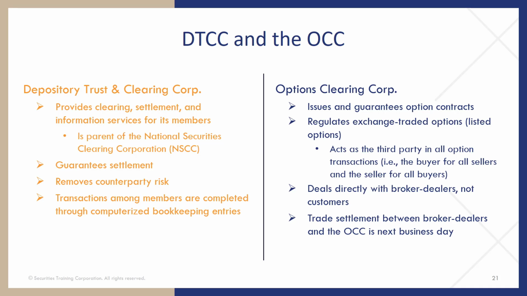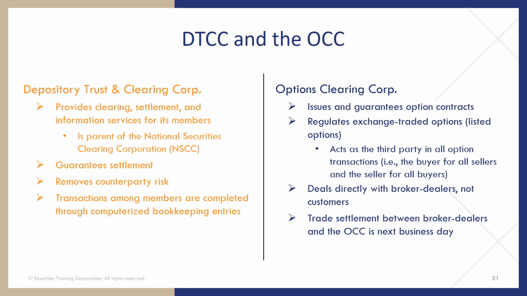So they're the ones that would create no counterparty risk in the option market, where the same function would be done by the DTCC for equities and fixed income. So when brokerage firms do clearing, they can set up omnibus or fully disclosed.